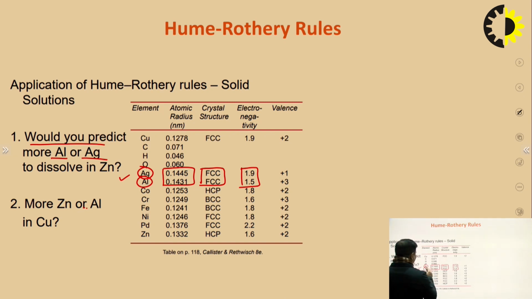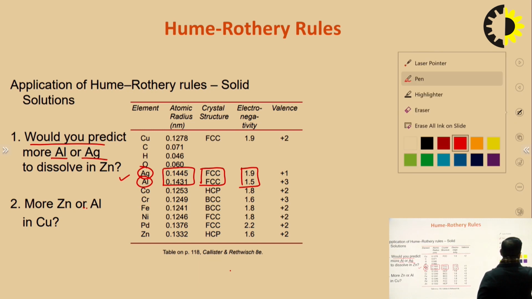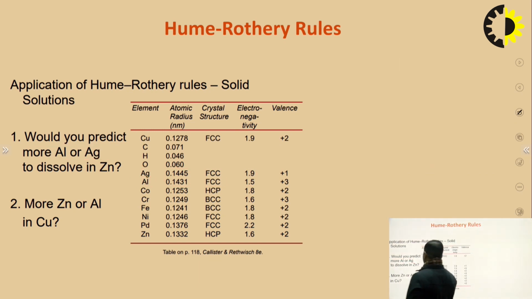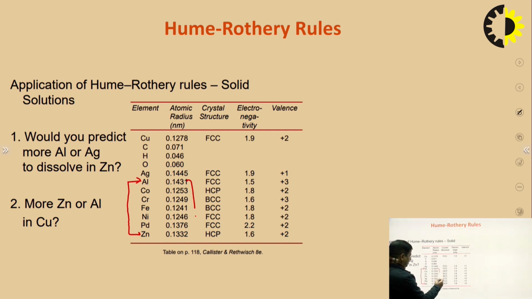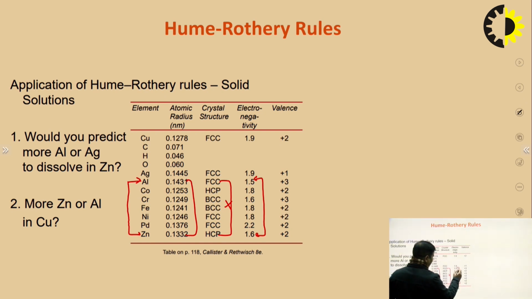If I am going to check this with this, you have to find out whether the difference is within limit. Here, this has totally different crystal structures, so I cannot mix these two elements. If the electronegativity difference is within the 0.3 range, then we can go.